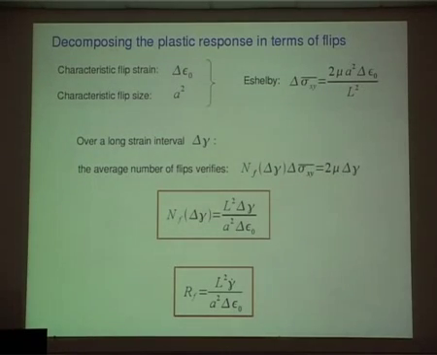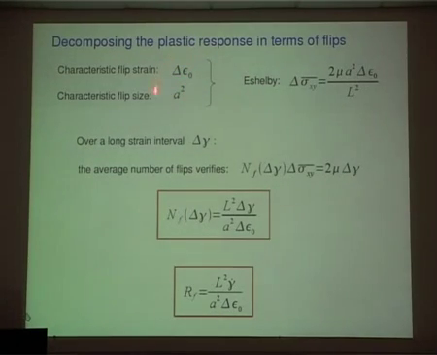Okay, so that's a little bit more technical. The idea we have is that, precisely as you asked, where are the flips? We don't know where they are. The only thing we know is that there is a number of flips. They are broadly distributed, and we'll just pick a characteristic strain and a characteristic size for these objects.